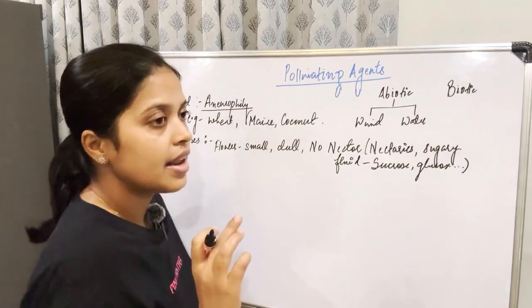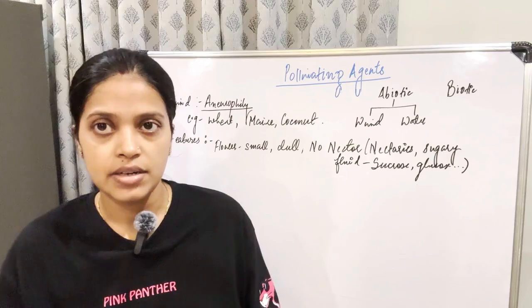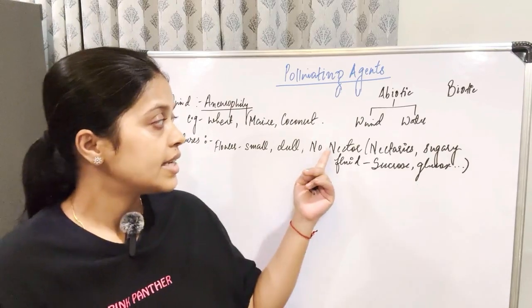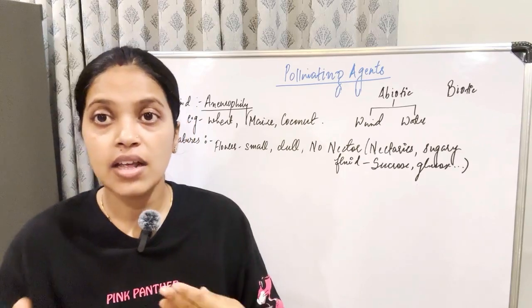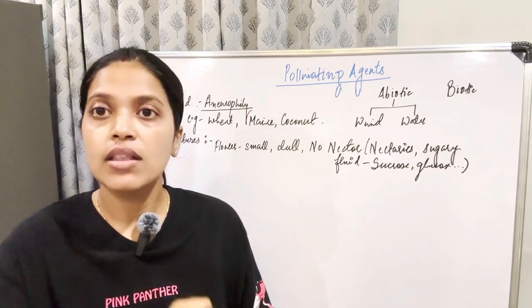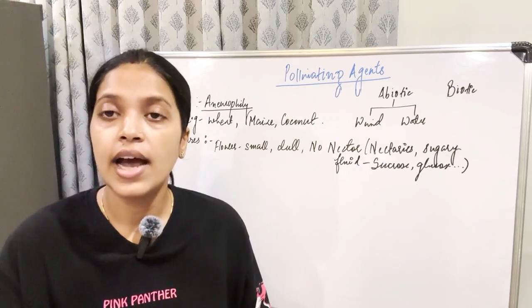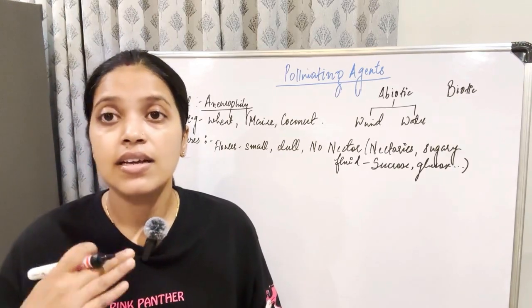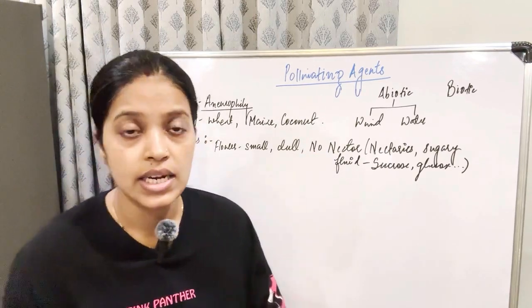So basically nectar is a reward that a plant gives to a pollinator. Generally it is helpful for the biotic agents, because then they get a reward. In one way the biotic agents are pollinating the flower, on the other hand the flower provides the nectar as a reward. So here nectar is not needed.